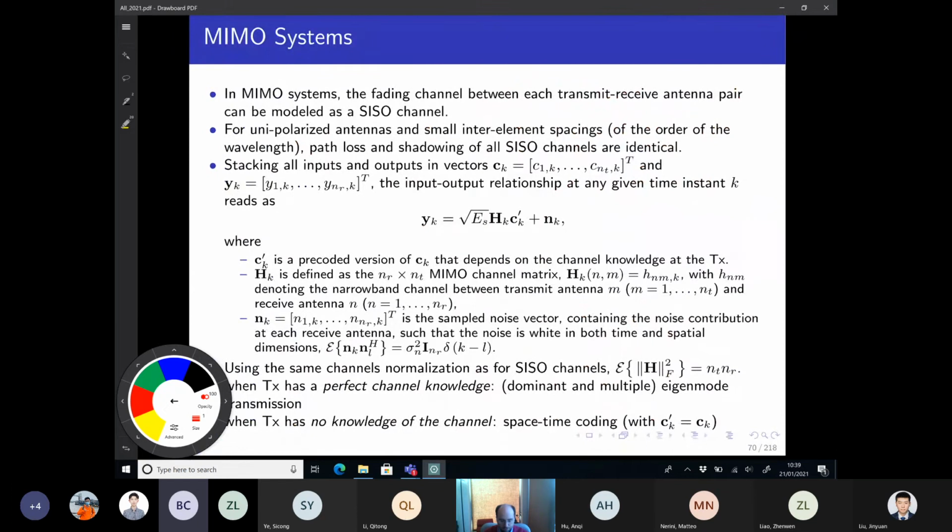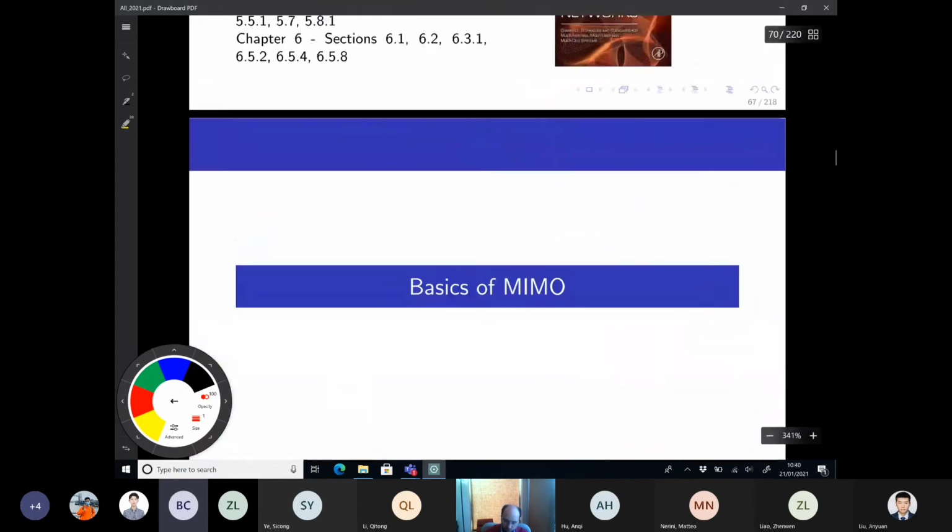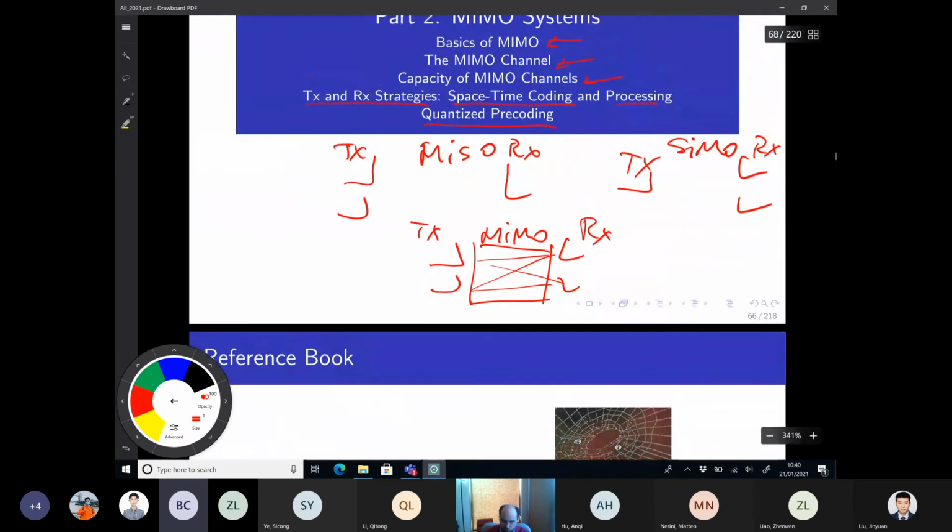So the first thing is about the fading coefficients. Let's say in the example we have here, if I have two transmit antennas and two receive antennas, I'm going to have now 4 fading coefficients. You can view this as essentially 4 SISO links.